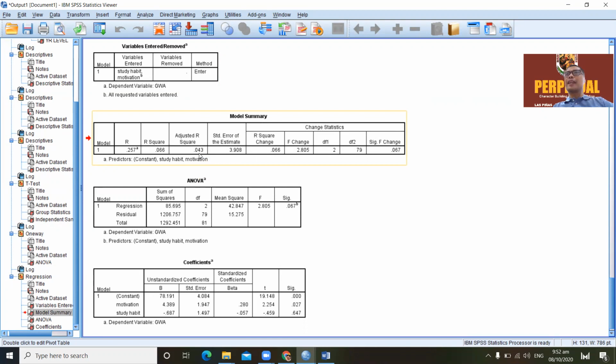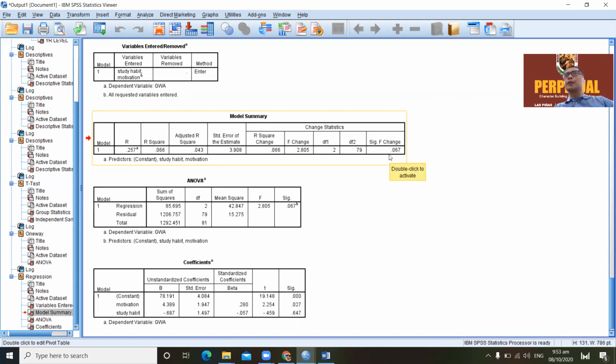So it's just very minimal. 4% change in the academic performance can be predicted by both study habits and the level of motivation. And it actually is not significant, because it's 0.067 in here.